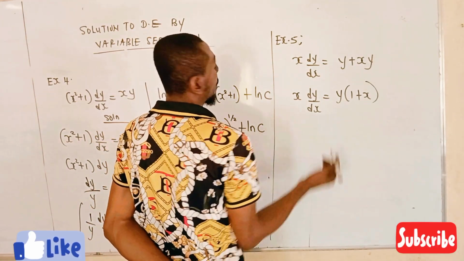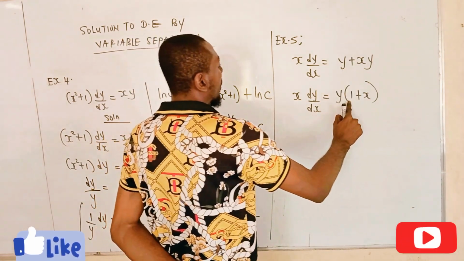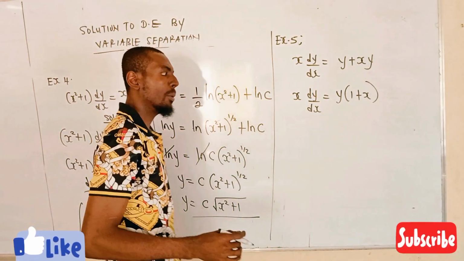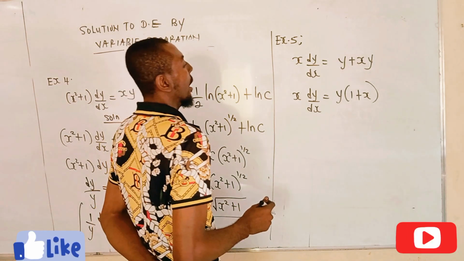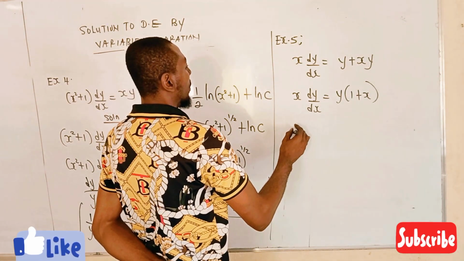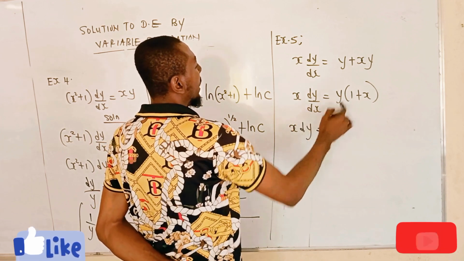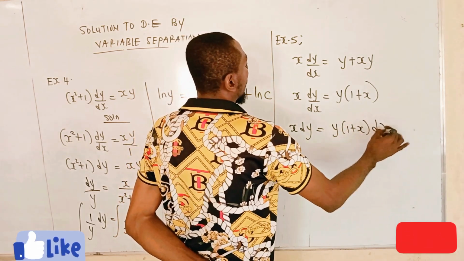Now I can cross multiply. You can see the function of x here and the function of y here are being separated now. By cross multiplication, we have x dy = y(1 + x) dx.